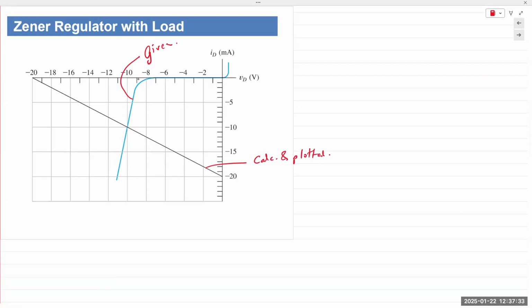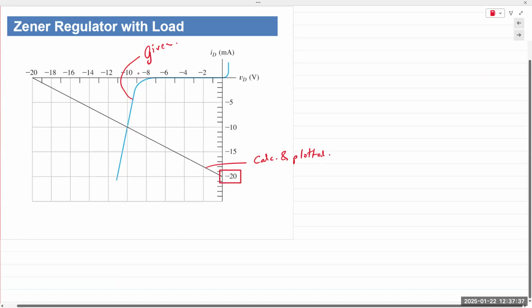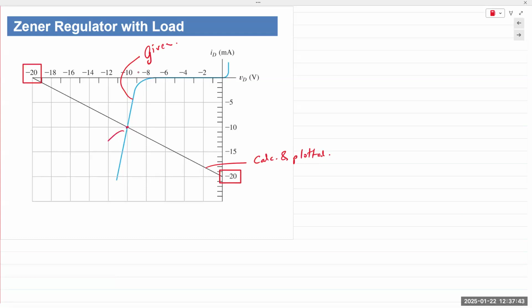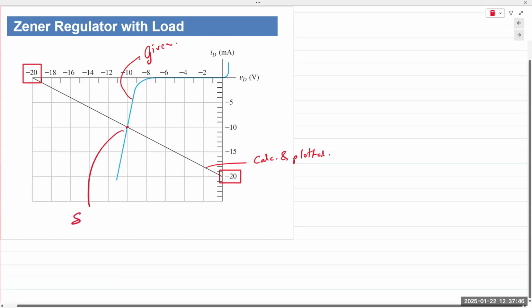So minus 20 milliamps here for current, minus 20 volts for the voltage. The intersection point is the solution for the equation.